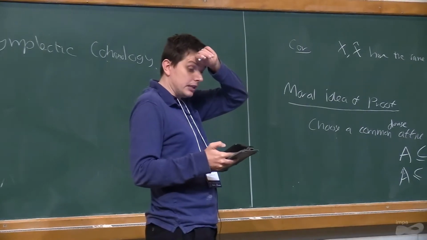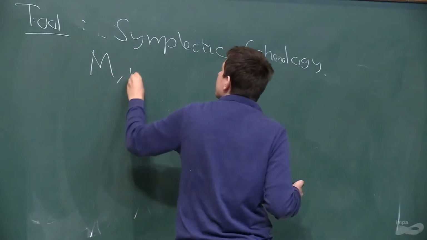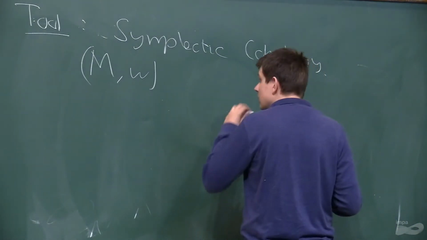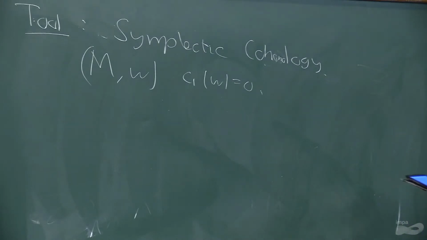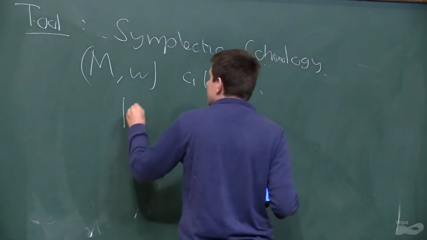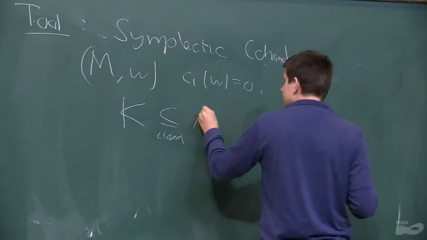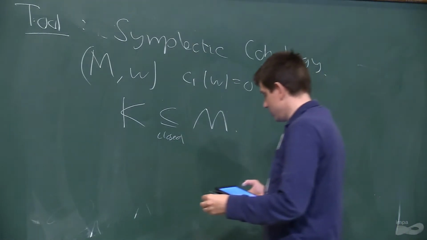So how do we define this? I'm going to fix some symplectic manifold (M, omega). So M should be viewed as either X or X hat. So let's say c1 of omega is 0. It's a closed symplectic manifold. And I'm going to choose a compact, so closed, subset K of M. And then I can define symplectic cohomology as follows.